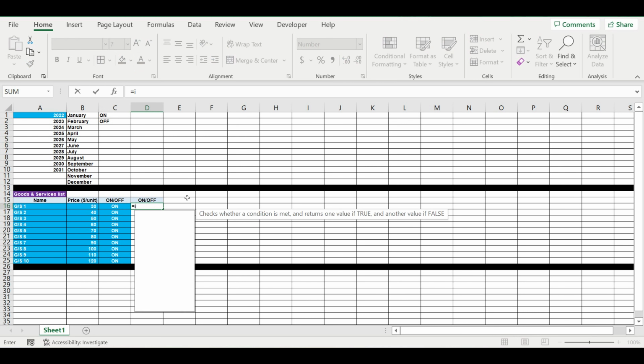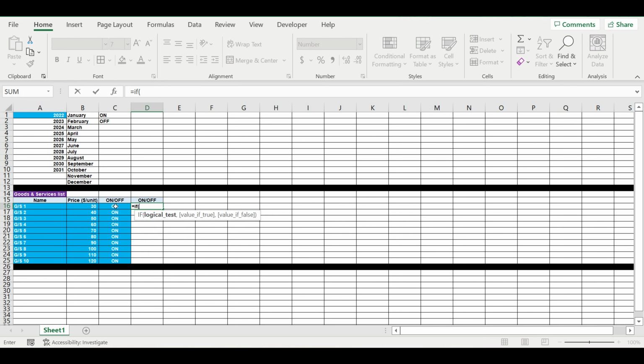Here we will use the formula if this one equals to this.